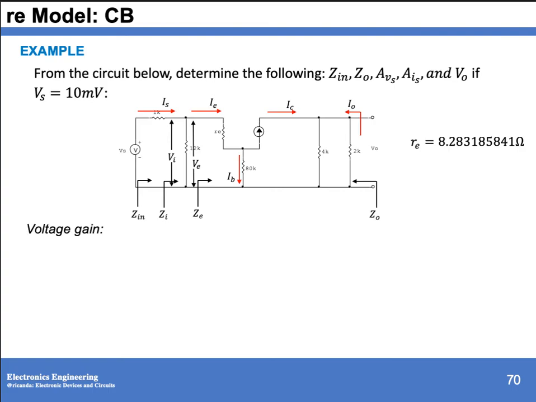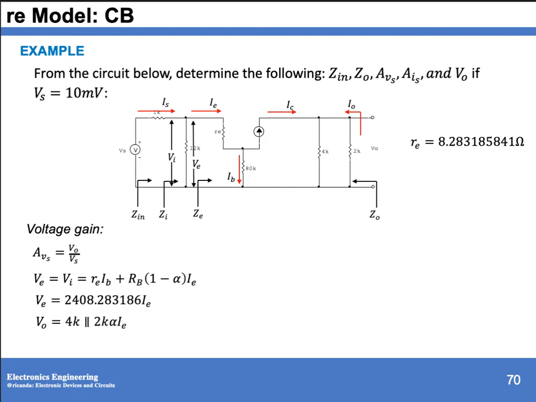And for the voltage gain, that is VO over VS, where Vi is equivalent to your voltage at your emitter, where the voltage of your emitter is equivalent to your impedance at the emitter times IE. And your VO is 2k in parallel with 4k times alpha IE. So we have VO equals 3880 over 3 IE.